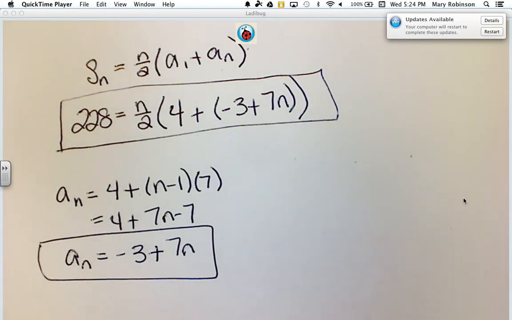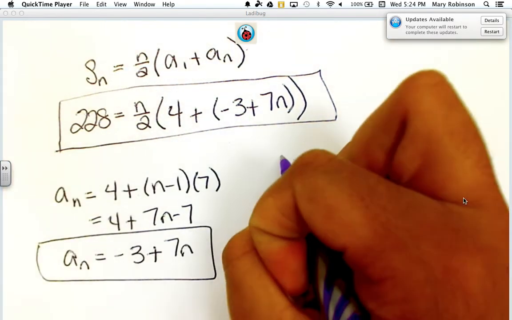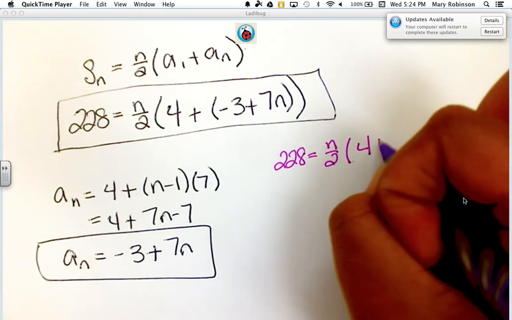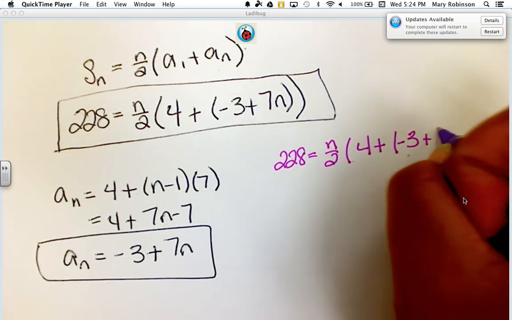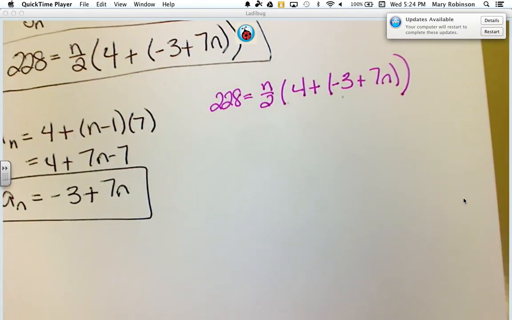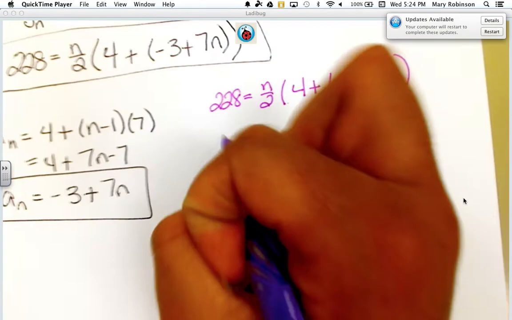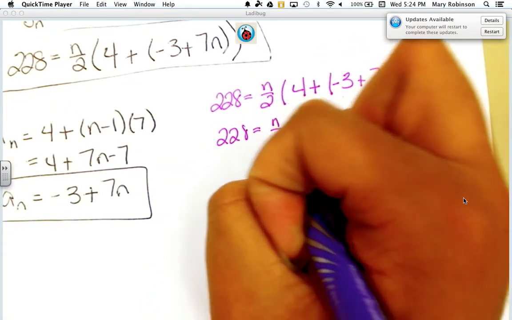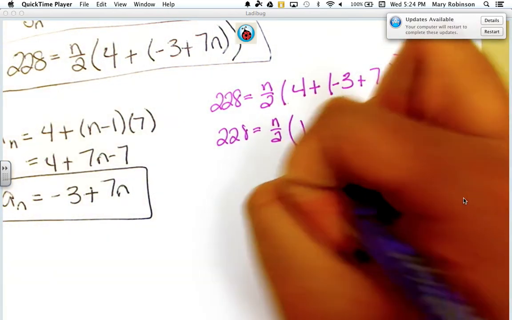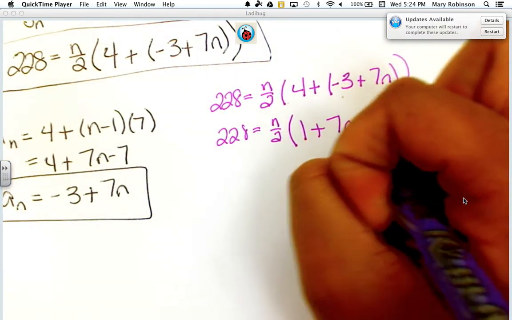I'm going to come over to the side in a different color. So 228 equals n over 2 times 4 plus -3 plus 7n. Now we combine like terms: 228 equals n over 2 times 1 plus 7n, since 4 plus -3 is 1.